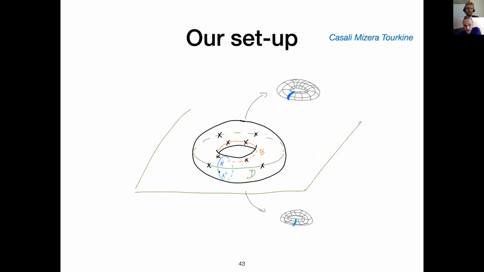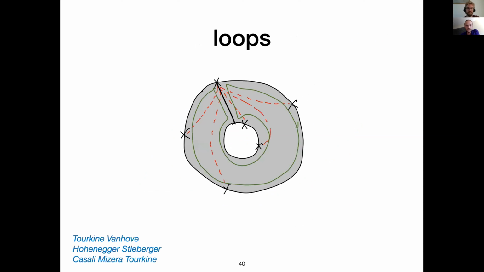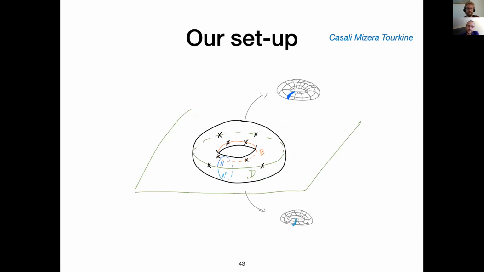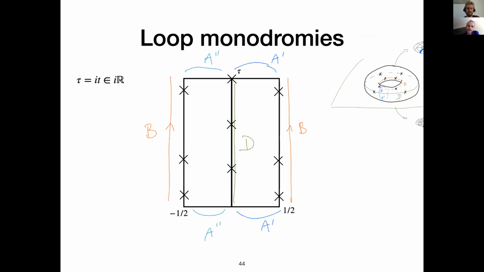The A cycle is a combination of two cycles: the upper one and the lower one, with prime and double prime superscripts. The punctures lie on either side, on either boundary of our annuli, on the B and on the D cycles. So now that connects to this image: the punctures lie inside on B and outside on D. And just to be definite, that's what it looks like.